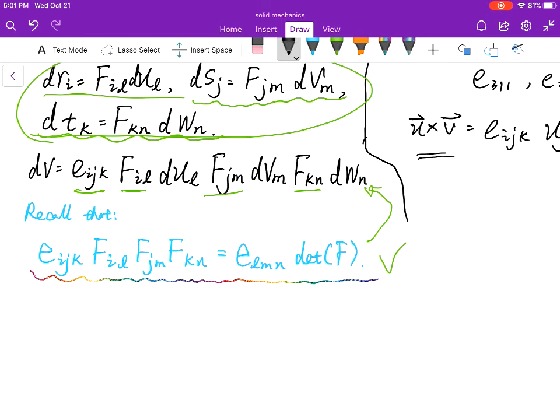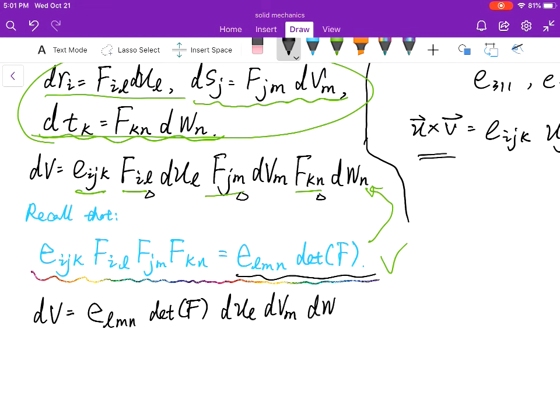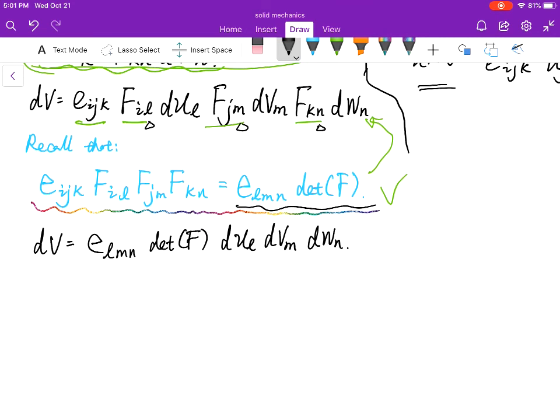So this equation simply becomes dv equal to, notice that this is LMN, so we just put this one there. So e_LMN times determinant of F. And then we copy the dU_L, dV_M, dW_N from above.